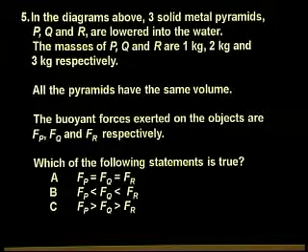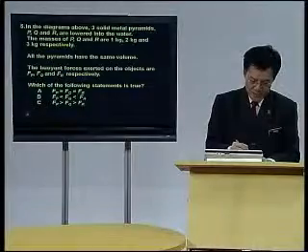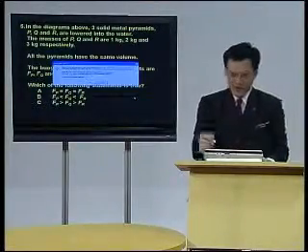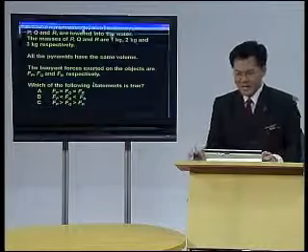So there is a buoyant force exerted on each of the pyramids, and we call it FP, FQ, and FR. So which of the following statements is true? Number 1, FP equals FQ equals FR. Number 2, FP smaller than FQ smaller than FR. Number 3, FP bigger than FQ bigger than FR. Okay. So let us now look at the question again and we answer it.